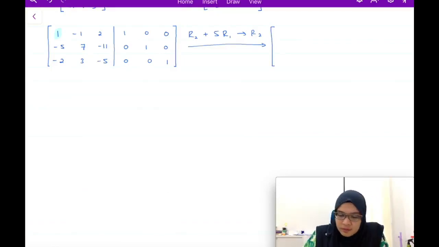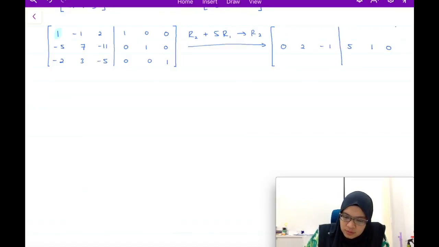So we have 0, 2, negative 1, 5, 1, 0. Make sure you are very careful with adding or subtracting numbers, especially when you have 0 plus, in this case, 5 times row 1. 0 plus a nonzero number gives you that number, not a 0.